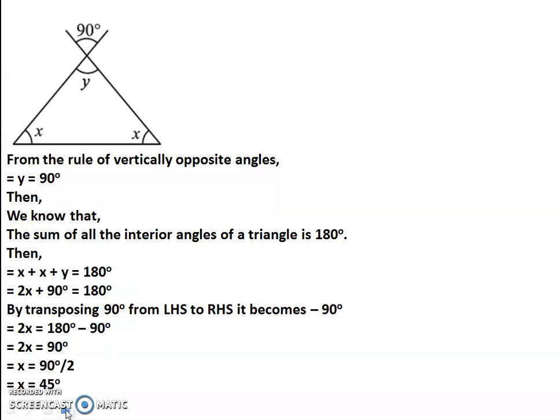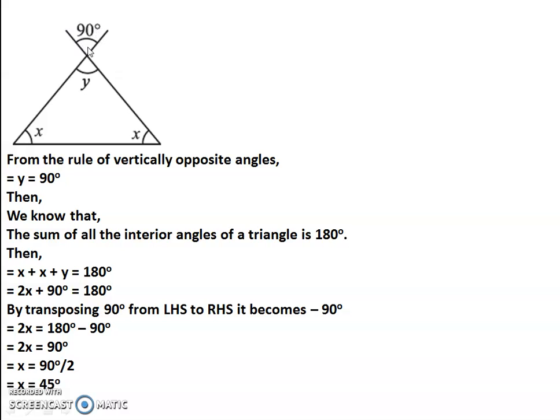The next question. Here, you are given only the value of this angle. Students, the first thing that you should notice is whether the outside angle is an exterior angle or not. Is this an exterior angle?